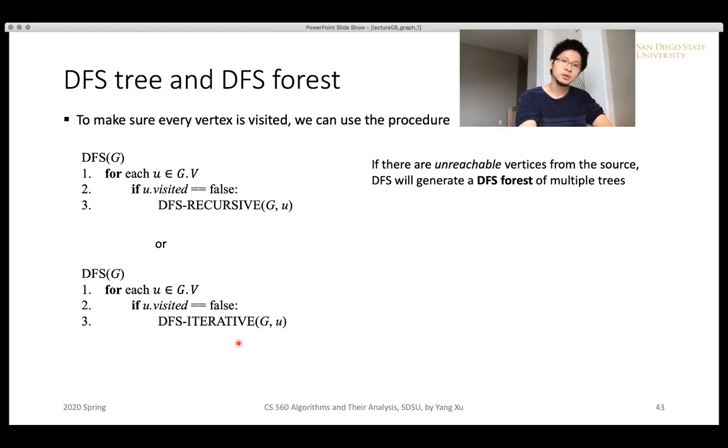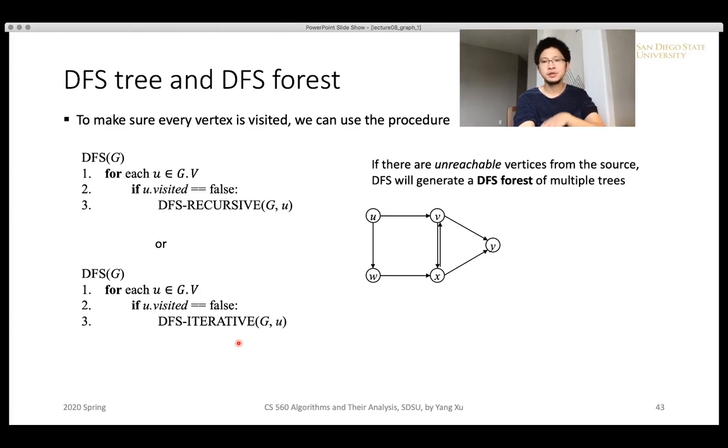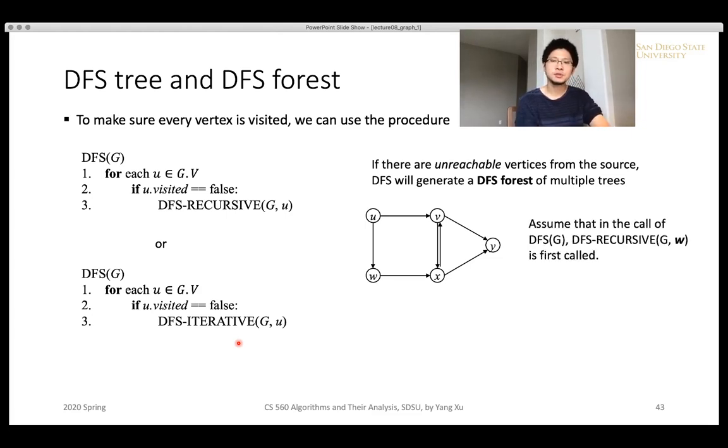In the example here, if we call DFS on G, and we assume that W is used as the source vertex first, it will result in two trees, which together count as a forest.